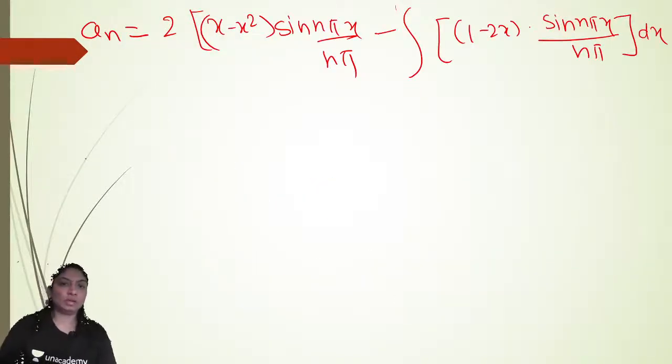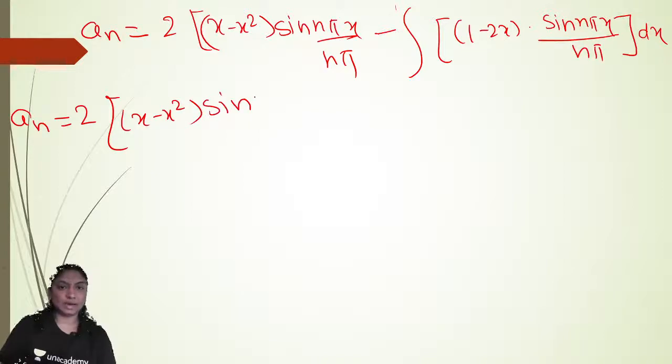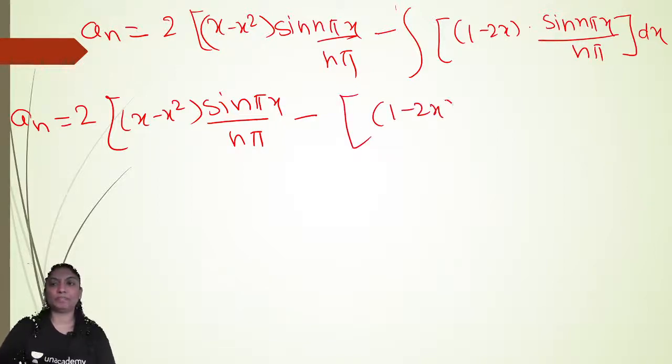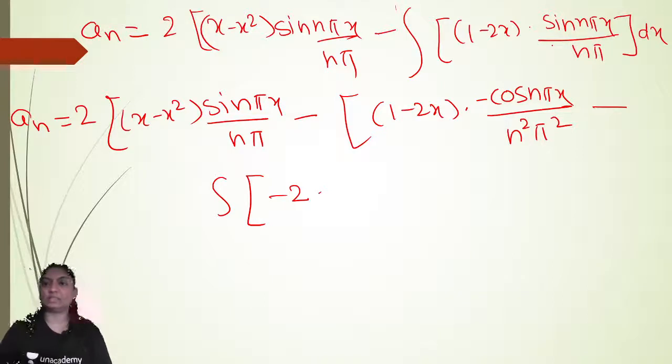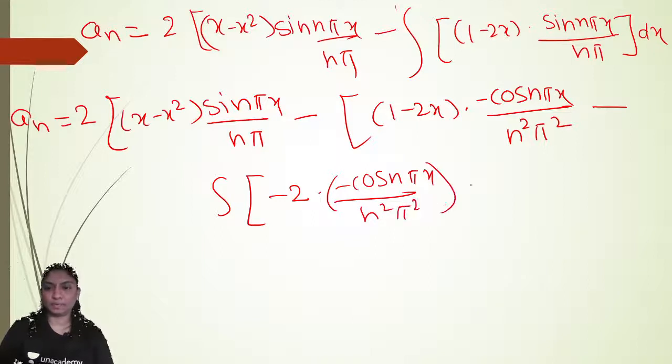Now here an is equal to 2 into, keep x minus x square sine n pi x by n pi as it is, minus, now again you have to use u into v rule, so you will get the first into integral of second, over n square pi square, minus integration of derivative of first, so derivative will be minus 2 into integral of second, so integral of second is again minus cos n pi x by n square pi square dx.